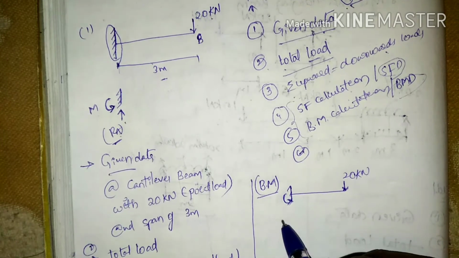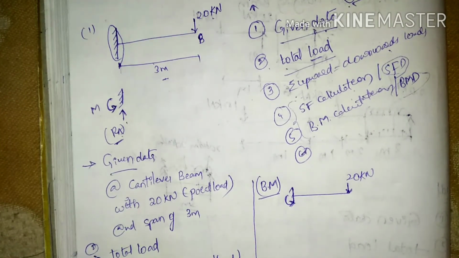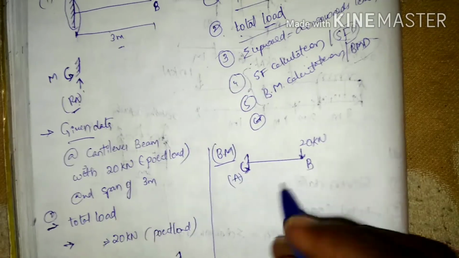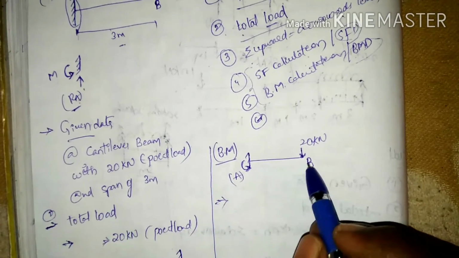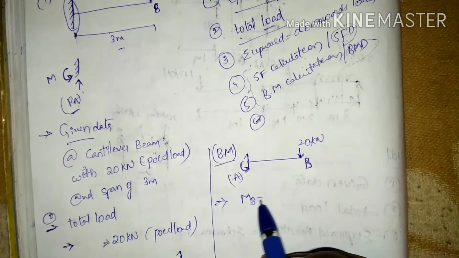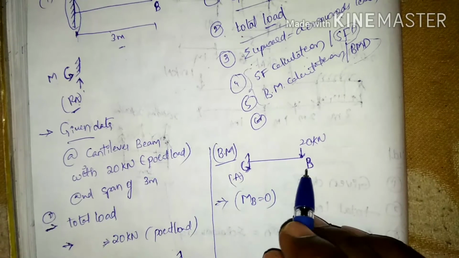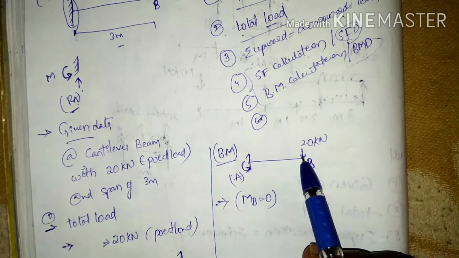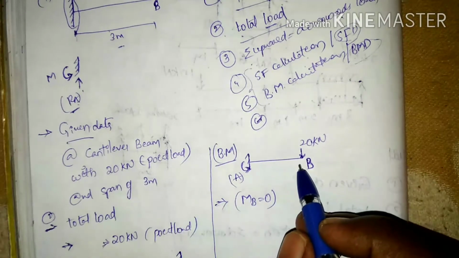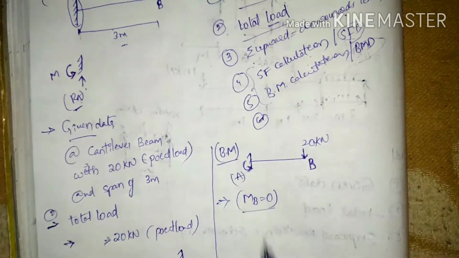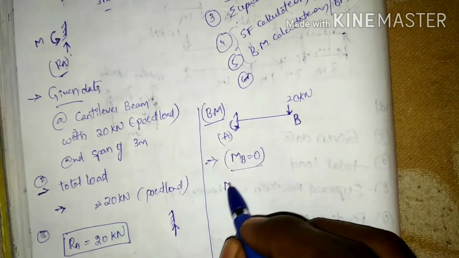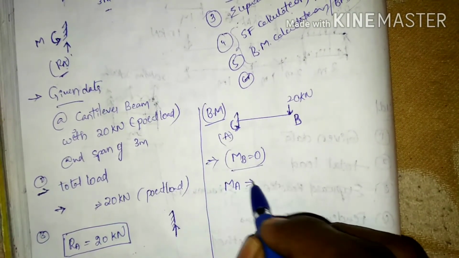This is the anti-clockwise direction, so I am going to take a negative sign here. Moment about B is equal to 0 because there is no moment. Here we only have the load acting at the free end. The free end indicates that there is no support, so the moment about B is equal to 0. We are going to have a moment about A.